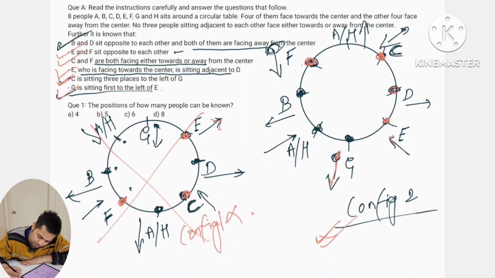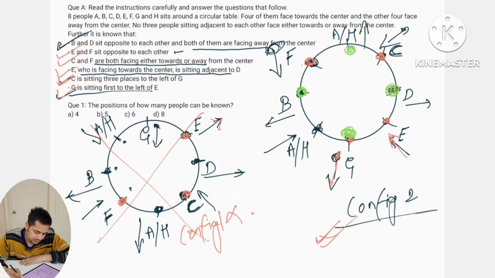G is sitting first to the left of E. So E is here and first to the left of E is G, fulfilled. Also, no 3 people are facing in the same direction. Yeah, it is getting fulfilled. 4 people are outward, 4 people are inwards. So outward are this position, 1, 2, 3 and 4. Other positions are inward.